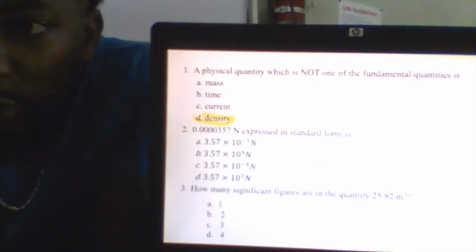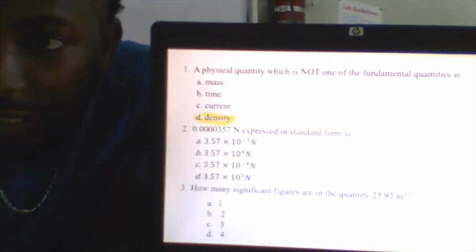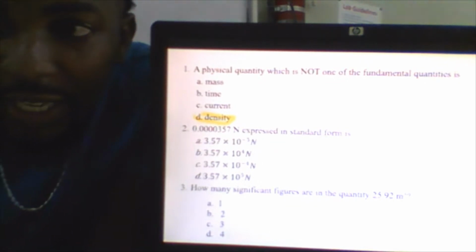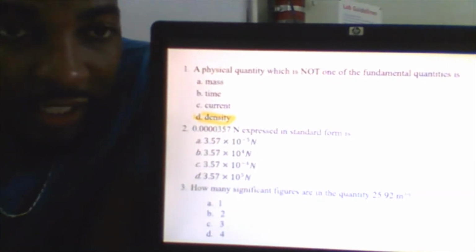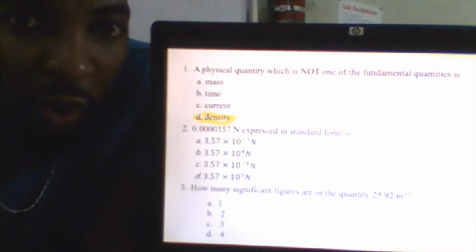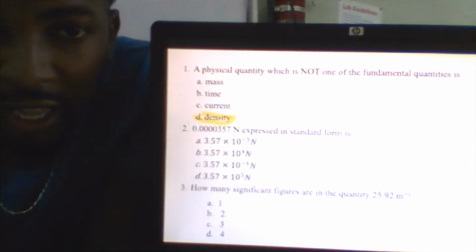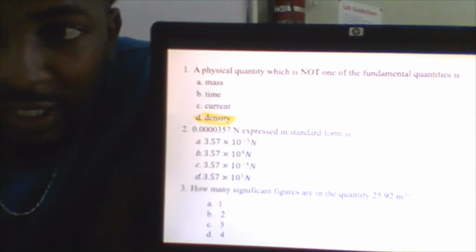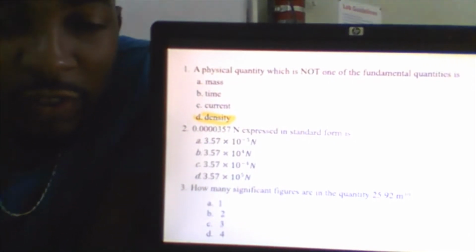Number two, we have 0.0000357 newtons expressed in standard form. As you know, standard form is where you move the decimal point so that the number falls within the range of 1 and 10. The power should be the number of places you move the decimal point.